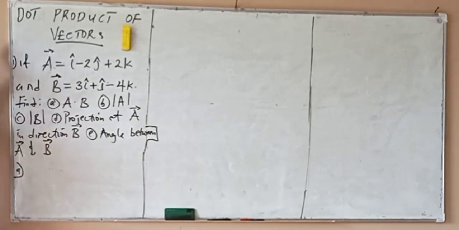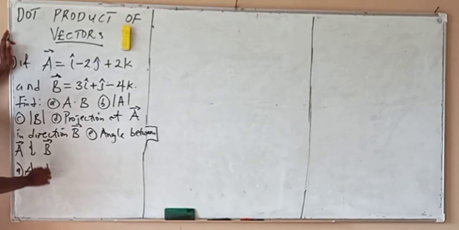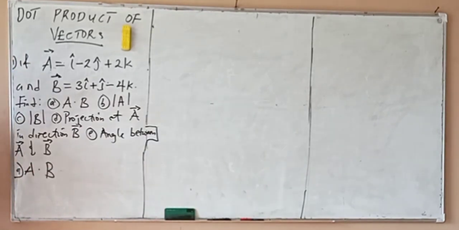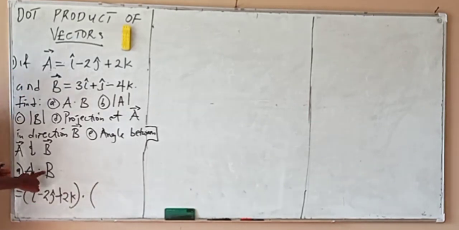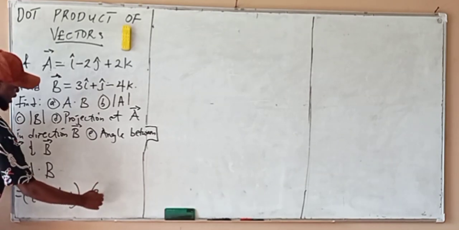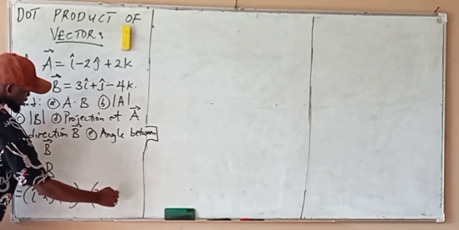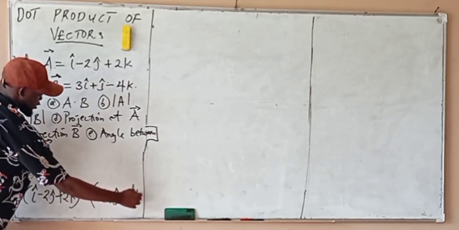Challenge time, question A. So you look for A dot B. Now how are we going to look for A dot B? Vector A is i minus 2j plus 2k dot, what is vector B? 3i plus j minus 4k.